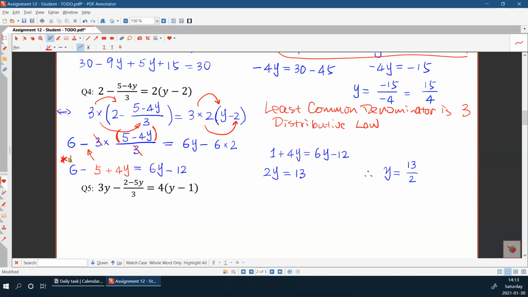Again, pay attention to the step marked with 2 stars. Okay. Do not be fooled by the minus signs here. Okay, any questions?